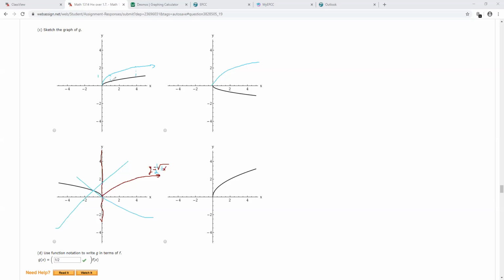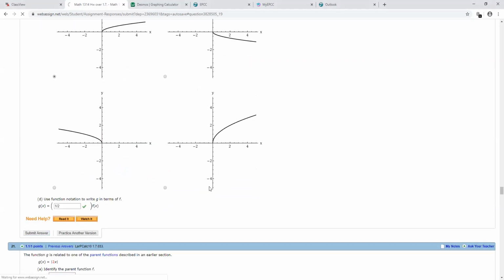Yeah. So does that look reasonable, ladies? Yes. Okay. So clear. Go back and click this one. And check.